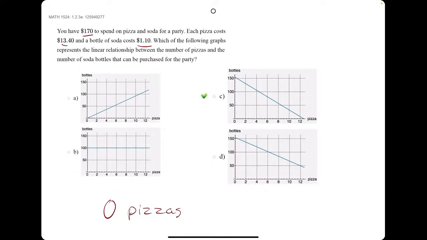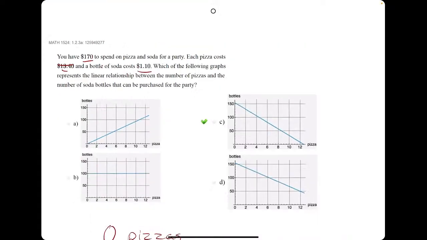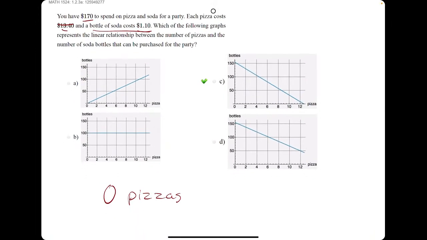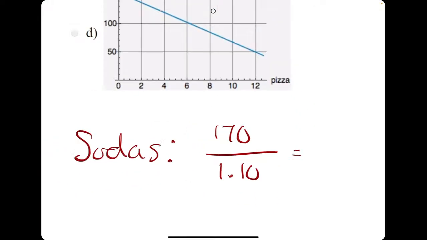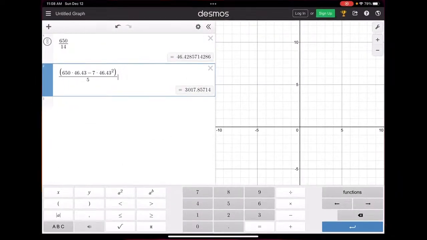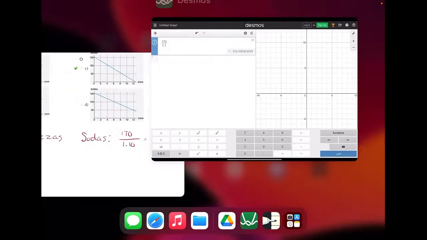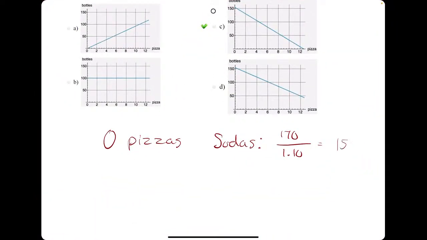Then we don't have to take into account the pizza price. Instead, how many sodas could we buy? If we have $170 to spend on sodas that only cost $1.10 each, we divide 170 by 1.1, and that gives us about 154. So there are 154 sodas when there are 0 pizzas.